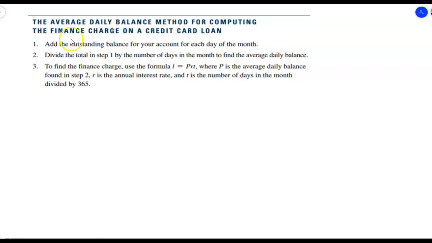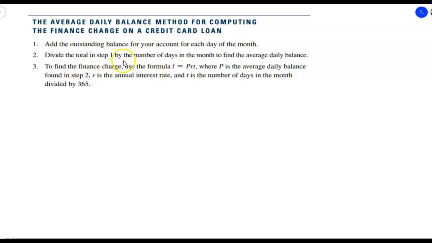All right, finally, we're going to take a look at the average daily balance method for computing the finance charge on a credit card loan. This is really taking your balance for a certain number of days during the month and using that to compute your finance charge. First, add the outstanding balance for your account for each day of the month.